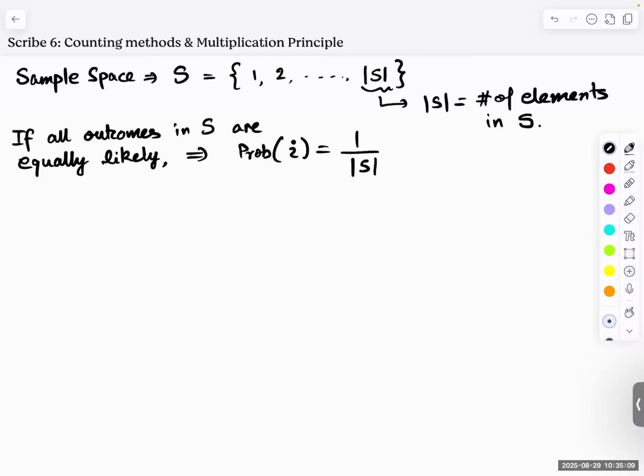This should be the case because all outcomes are equally likely, and the summation of the probabilities of the ith outcome, when I sum up i from 1 till the number of elements in S, should add up to 1, right? So I will have 1 by the cardinality of S times the number of elements should add up to 1, right?